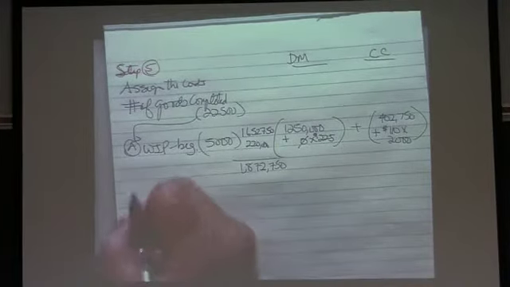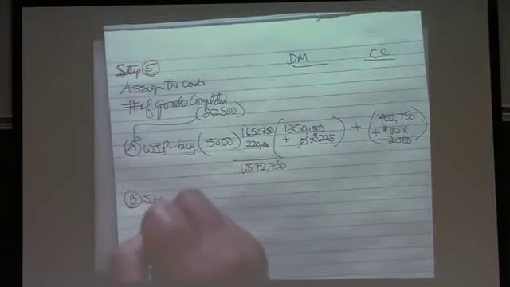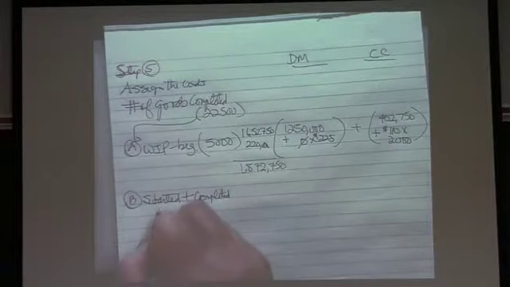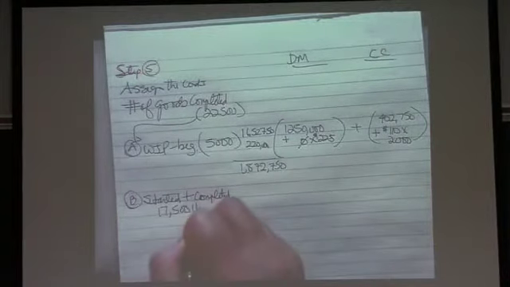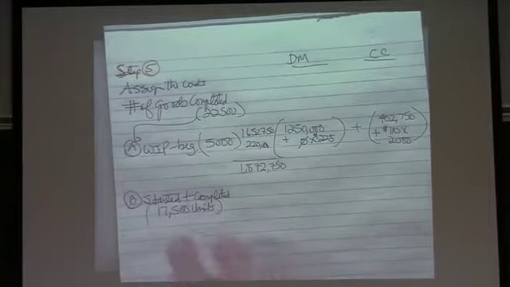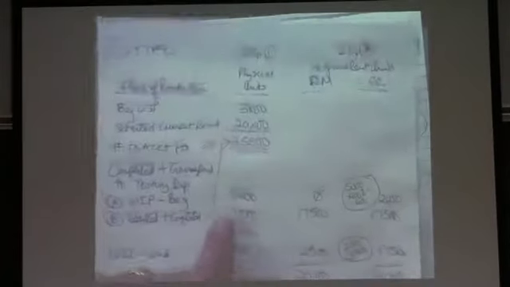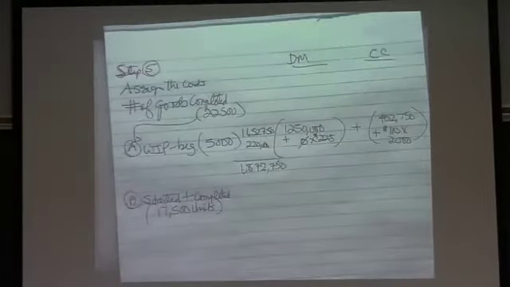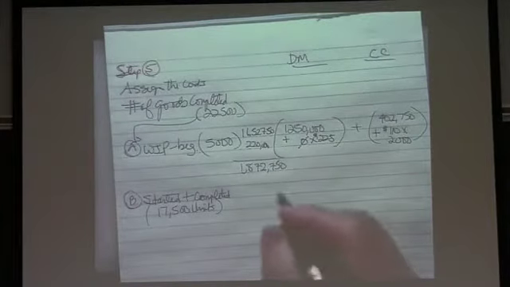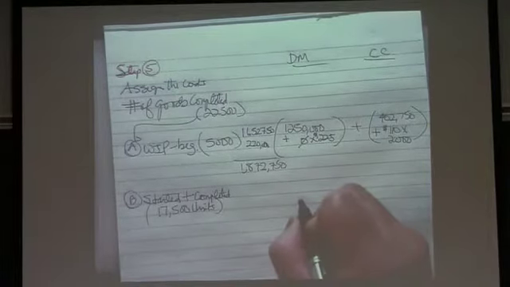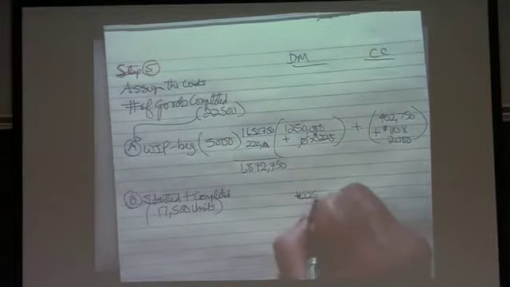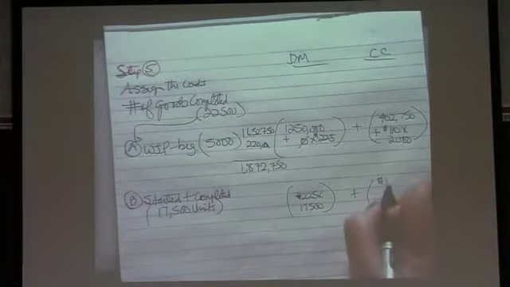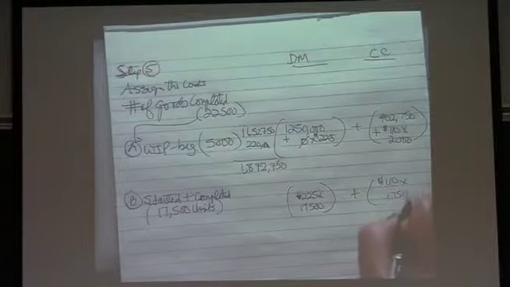Now, we know that these were started and completed, and there were 17,500 units. Okay, how did I get that? It would have been this number here. And we know that these are the equivalent units for direct material and conversion. So we're just going to take 225 times 17,500 plus 110 times 17,500.